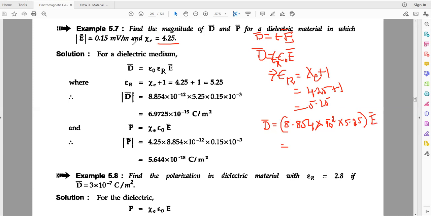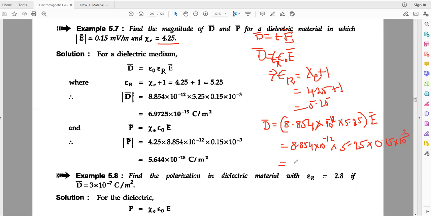What is the E bar given? It's the magnitude only, 0.15 milli, 10 to the power of minus 3. So 8.854 into 10 to the power of minus 12 into 5.25, which is epsilon R, multiplied with the electric field 0.15 milli, 10 to the power of minus 3.